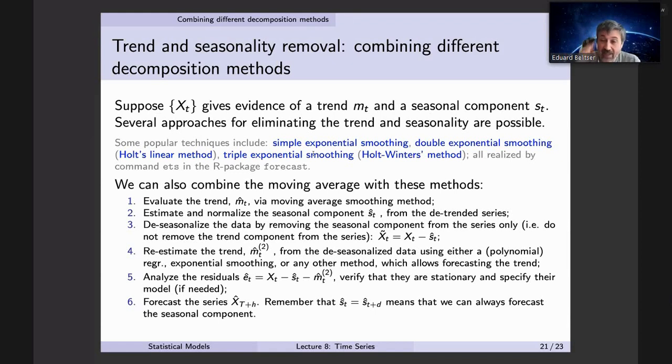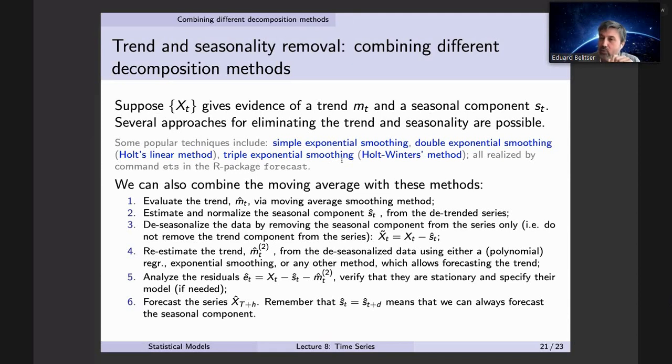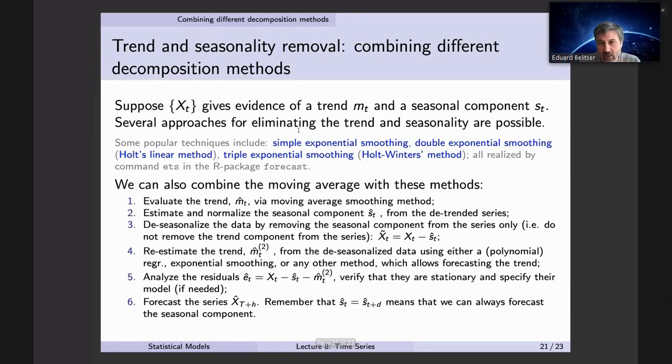People use that, and actually, let me say that this data set, the accidental death time series, can be very well studied by these techniques. Triple exponential smoothing does a very nice job on this real data set. But the ones I was dealing with, when people were doing master projects under my supervision and tried to apply this method, it never worked. So, okay, that's just interesting.